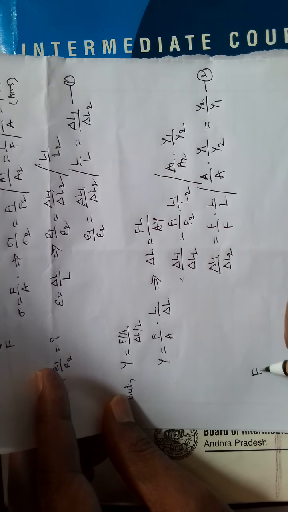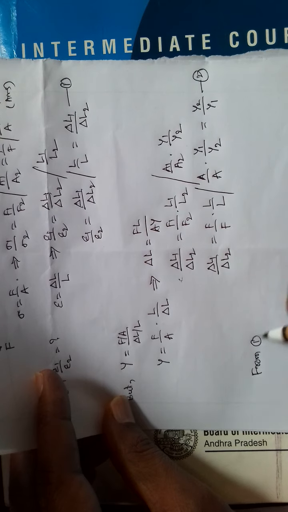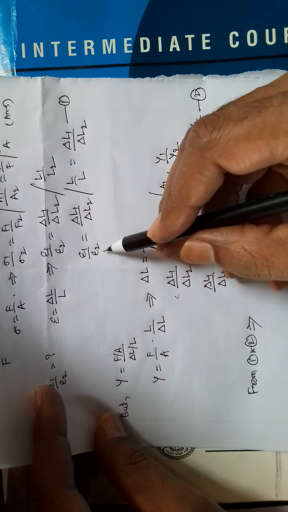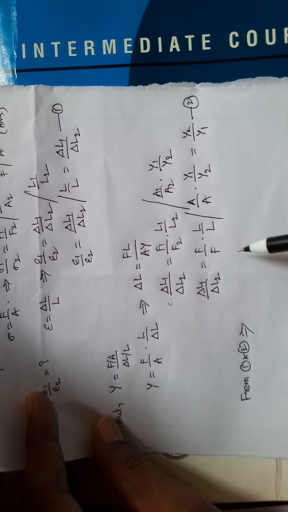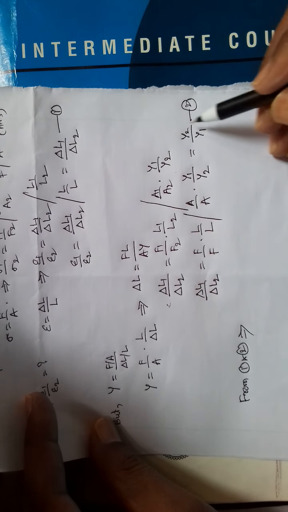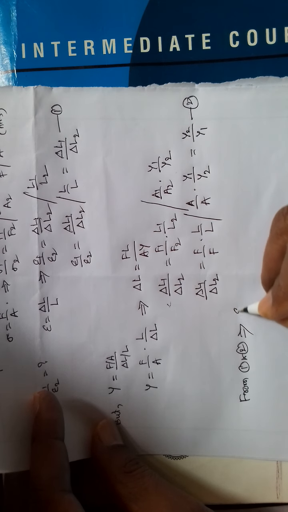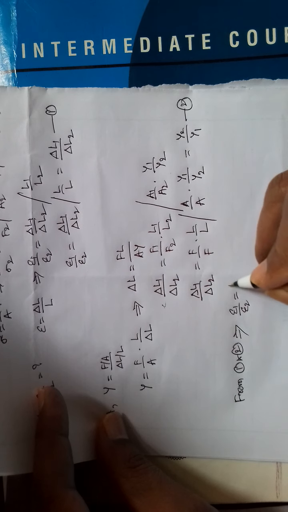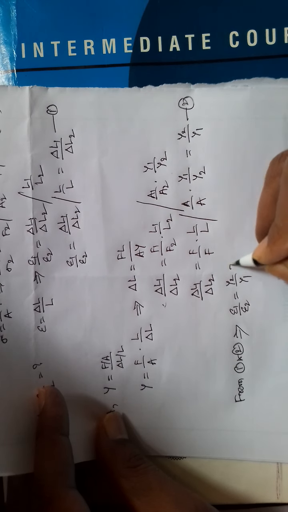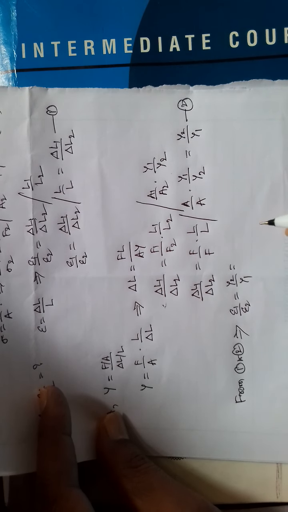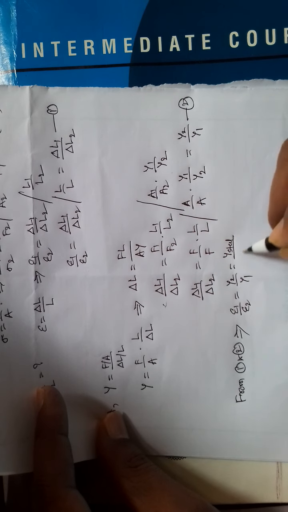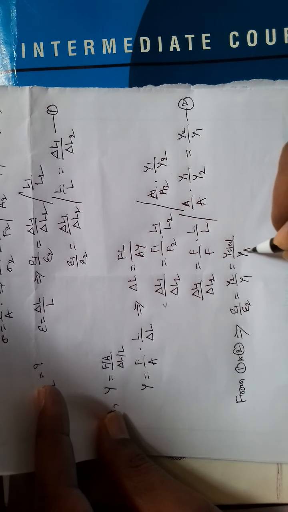From 1 and 2, epsilon 1 by epsilon 2 is equal to delta L1 by delta L2, and delta L1 by delta L2 is equal to Y2 by Y1. Therefore epsilon 1 by epsilon 2 is equal to Y2 by Y1. So substituting the values, Y2 means steel, Y1 means aluminium.